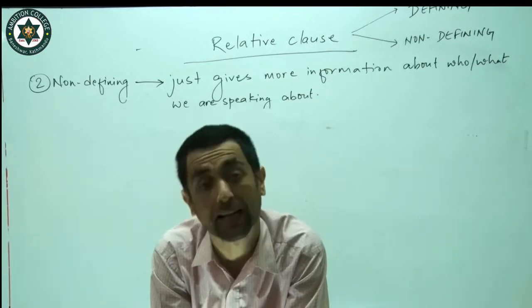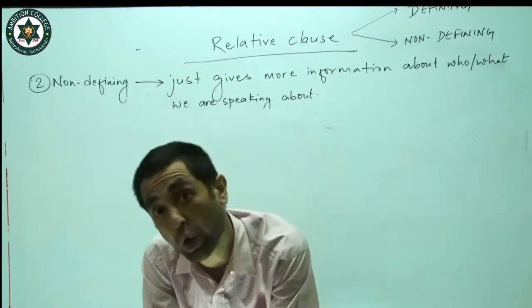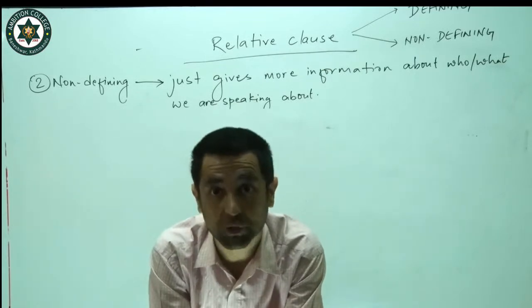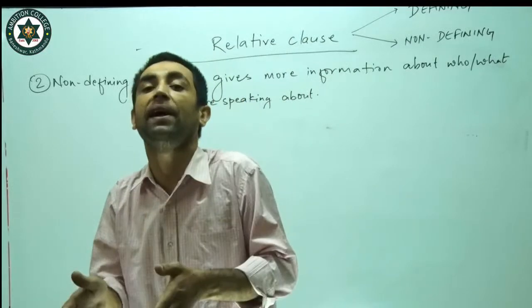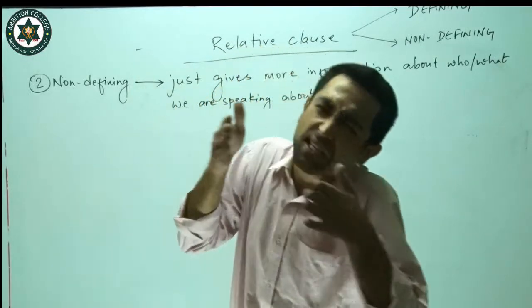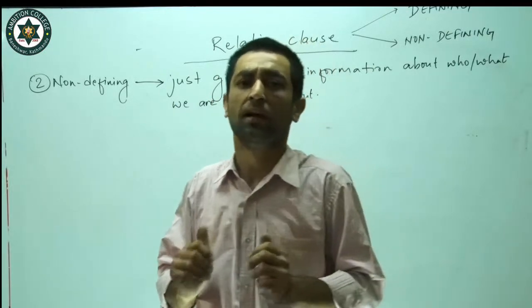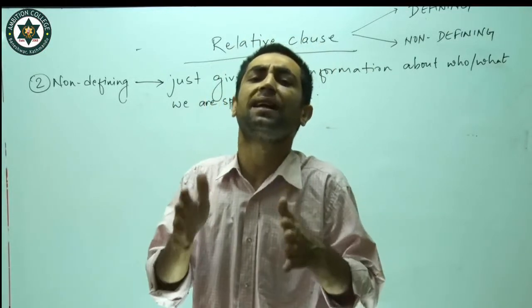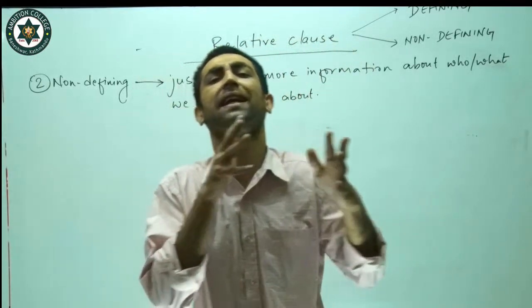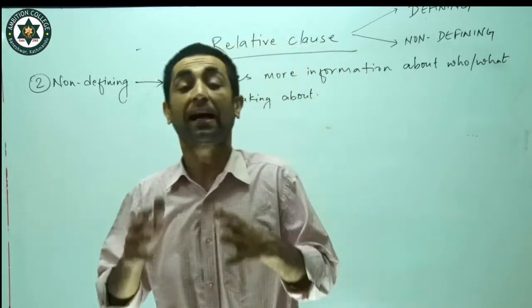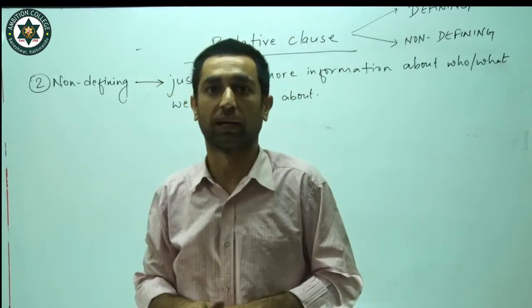But with these relative pronouns, the part of the sentence that follows does not provide us the essential information that is supposed to describe the noun, that is supposed to give us the definition of the noun, that is supposed to let us identify the quality of the noun.